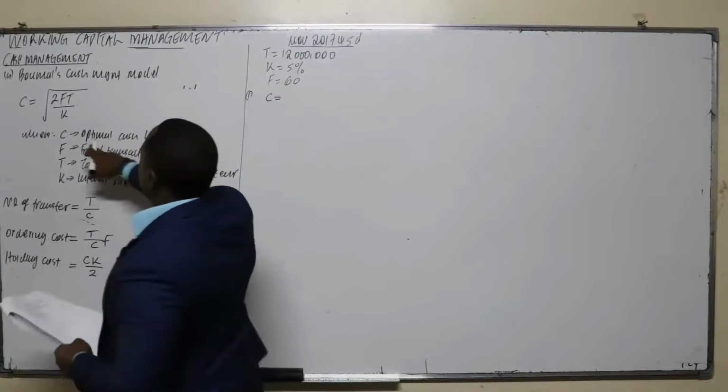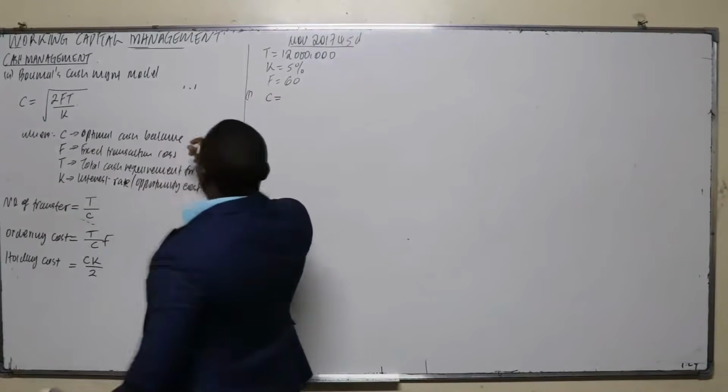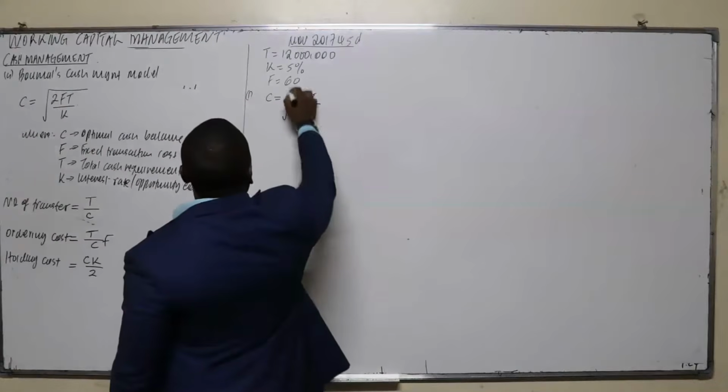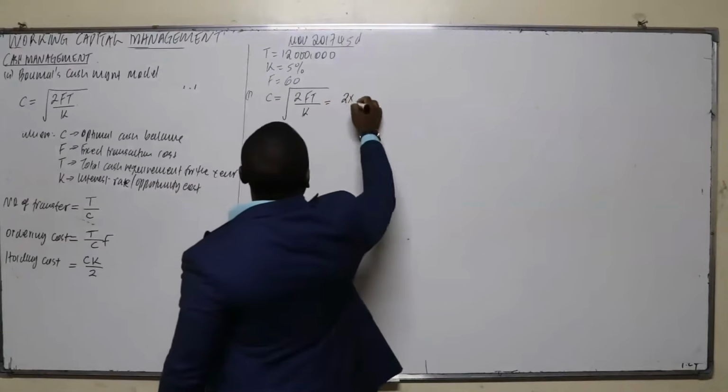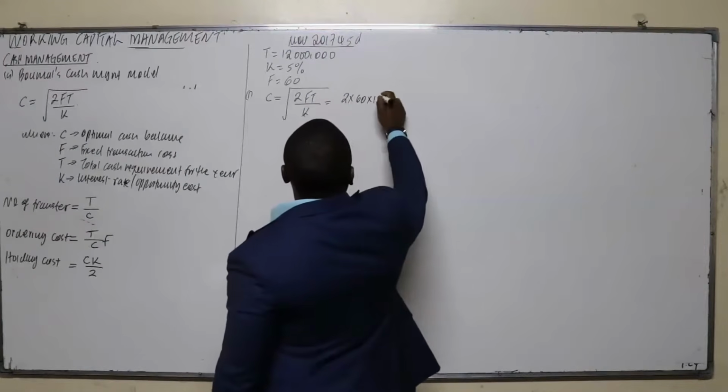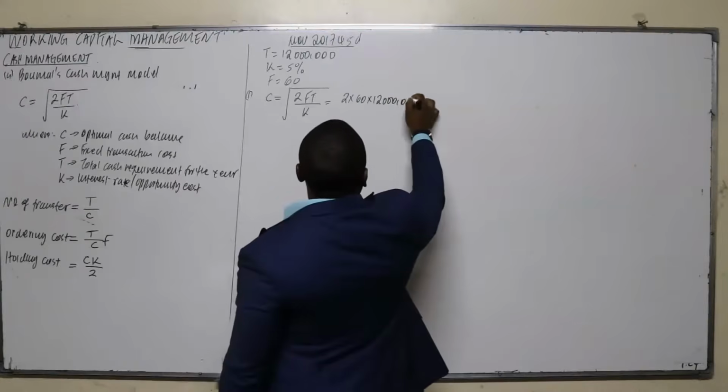That's C. So that C is the optimal cash, which equals the square root of 2FT over K. So it will be 2, fixed transaction cost is 60, T, the total cash requirement, is 12 million.